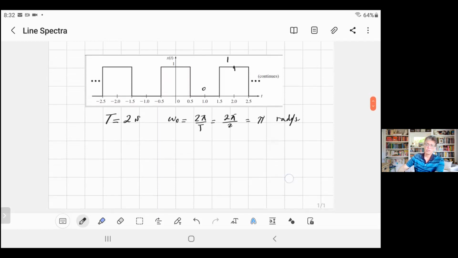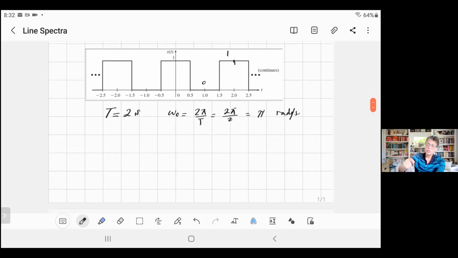Then next, you find C naught, or C0, the coefficient when k equals 0, separately. What is the formula for C naught? C naught is equal to 1 over T, the integration over the period T of the signal.